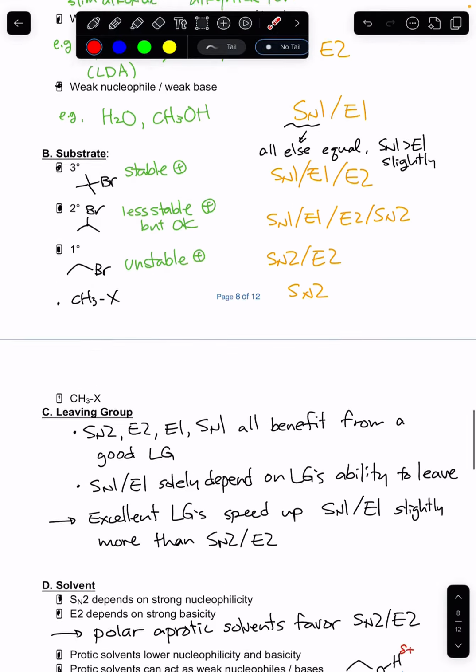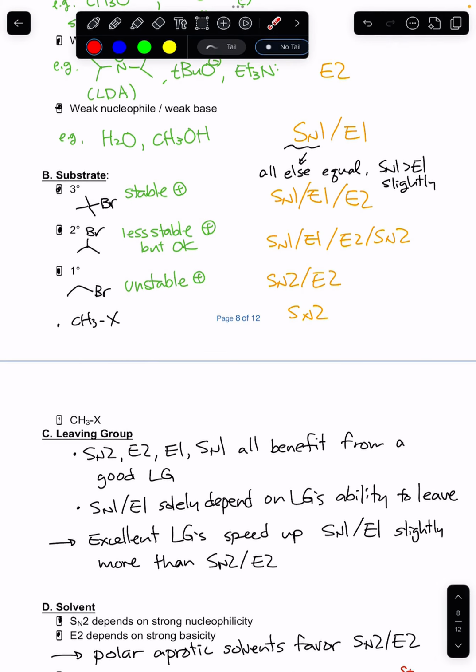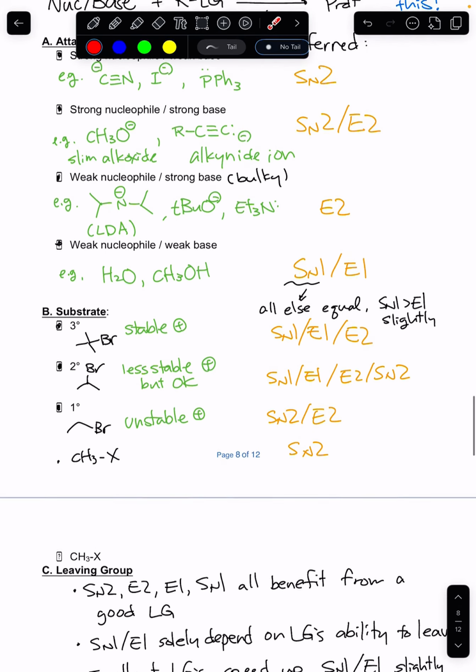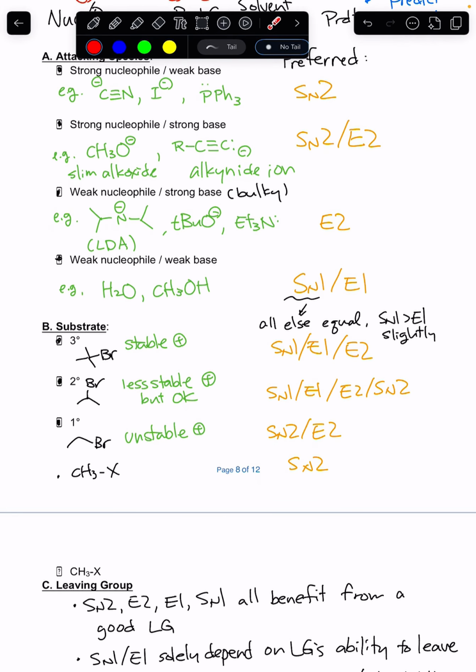One thing I forgot to say about the substrates here: if you have very bulky bases, I should say, maybe I'll add, regarding the Zaitsev product.